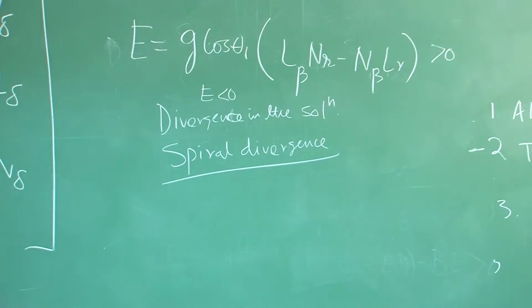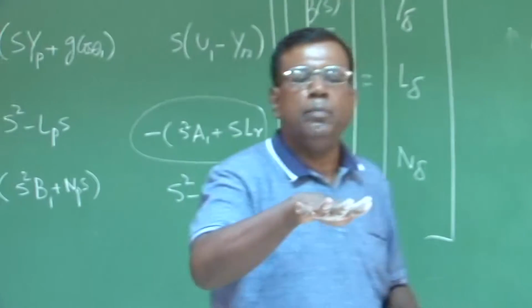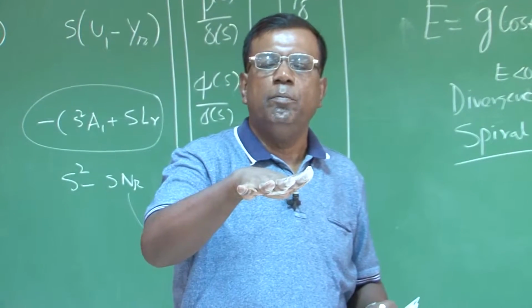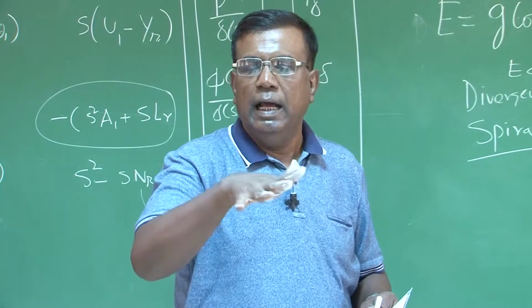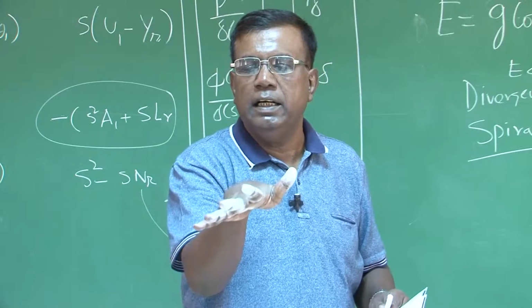And typically what happens in a spiral divergence, if this is the airplane, because of bank disturbance, the airplane starts side slipping. As it side slips, beta is introduced, and it turns like this.